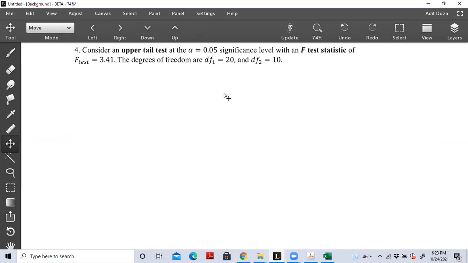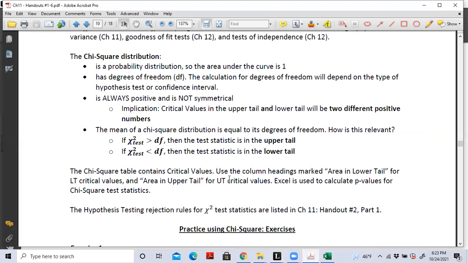It's the F-test statistic. The F-test statistic is always an upper tail test, right? If you have read chapter 11, you know that. So let's look at that.